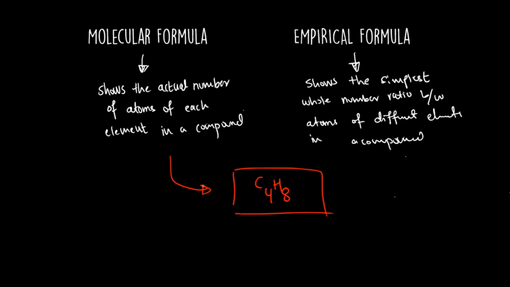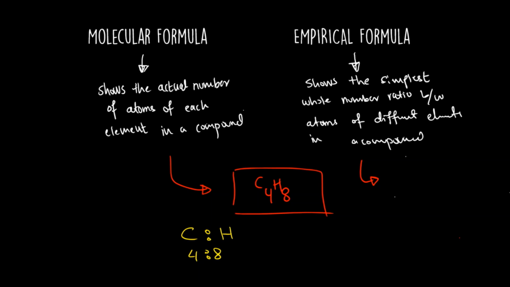Now, for the empirical formula, a good simple way to deal with it is to take the molecular formula and form a ratio between the atoms of different elements. Over here the ratio is 4:8. What you simply have to do is simplify this ratio.